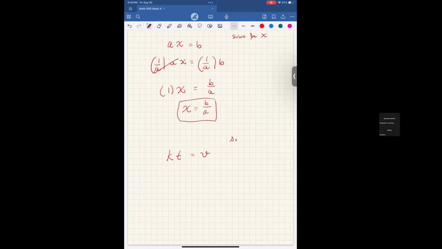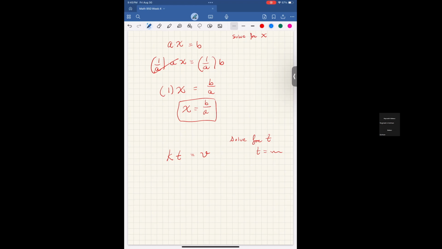But if the problem said solve for T, the problem solving steps of what we're going to do to get T by itself on the left side of our equal sign are not that different from the problem solving steps that we use to get X by itself. And in fact, they're not different at all. The only thing that's different is that you have different letters.